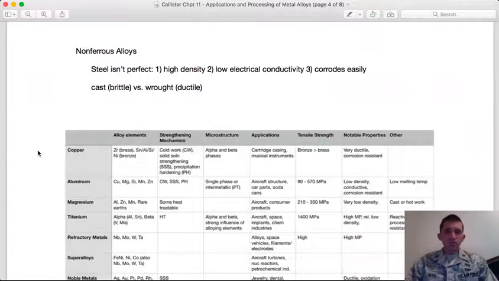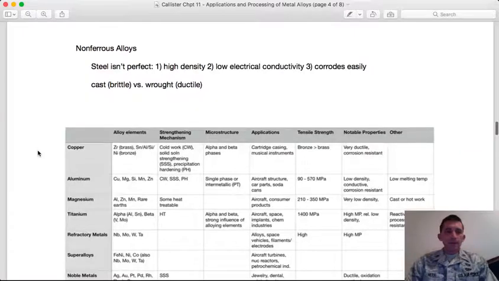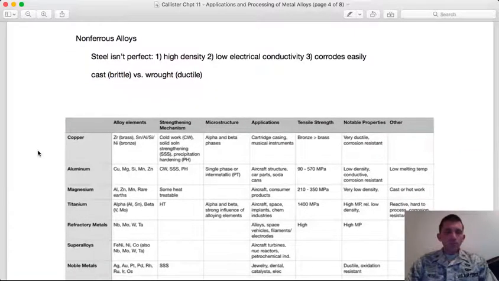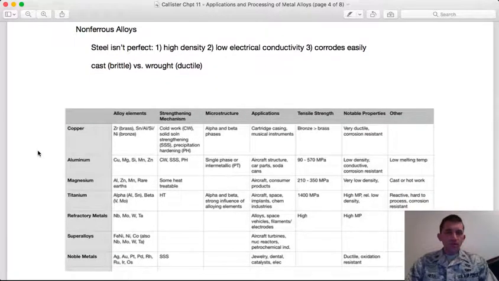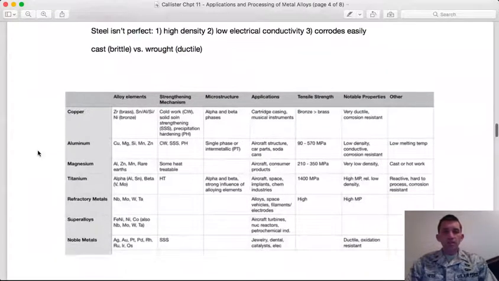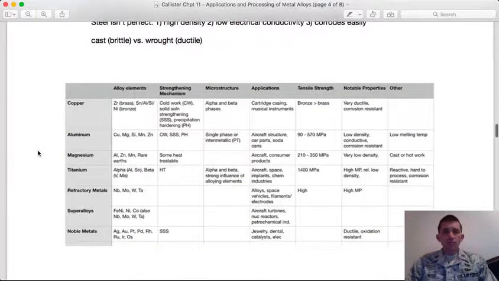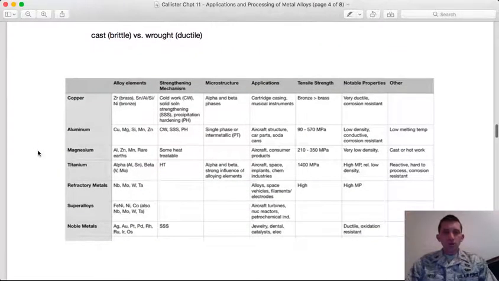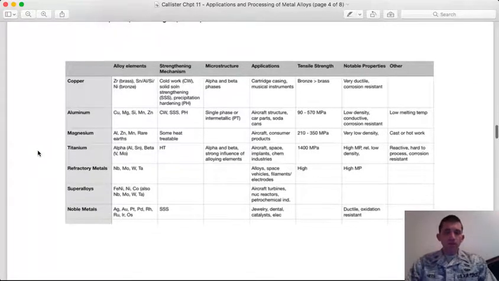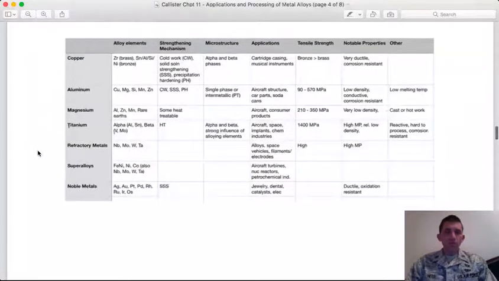And as I mentioned before, corrosion is an issue with ferrous alloys. And so you'll see here, as we talk about the non-ferrous alloys, they kind of fall into two categories. Ones that can be cast, meaning they're too brittle to be worked into their final shape, or ones that are ductile enough that they can be wrought and cold worked or hot worked into their final shape.